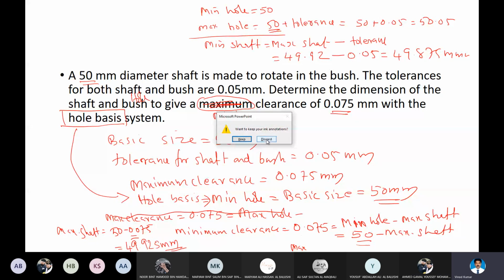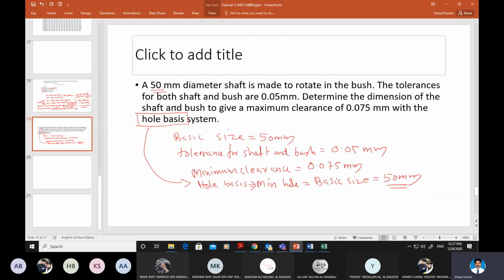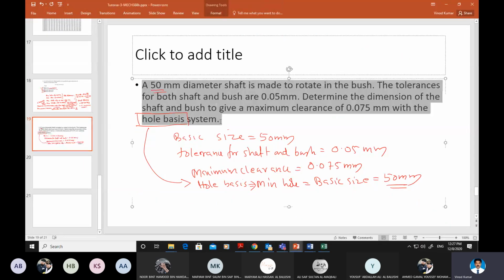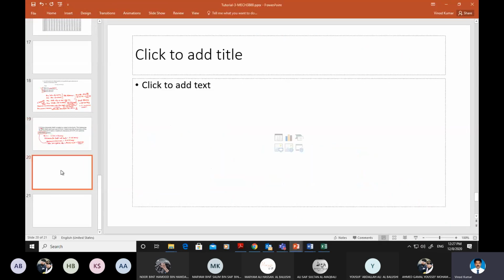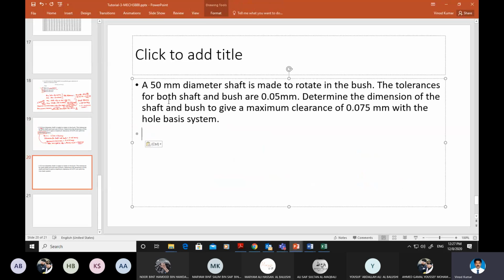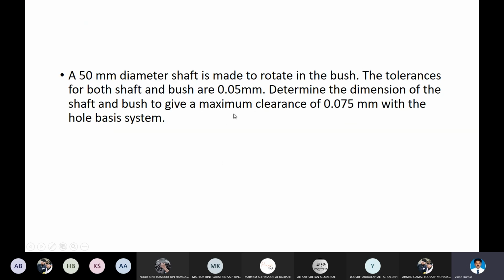Now I just want you to do the same equation, same question. Can you solve it? Now I am giving you maximum clearance. I solved it with the minimum clearance before, right? So now, can you do it with the maximum clearance?